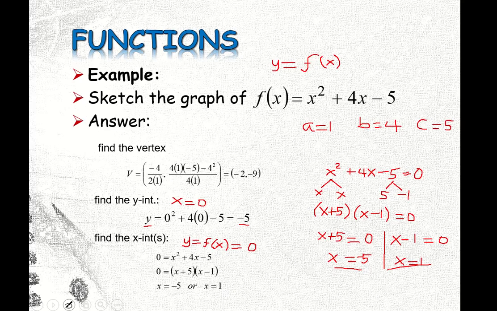Now to graph this, so how will you graph? As mentioned, you need only 3 points in graphing the parabola. You need the vertex, and you need points, you have the intercepts. So in other words, by this y and x intercept, you will be able to get another 2 points.